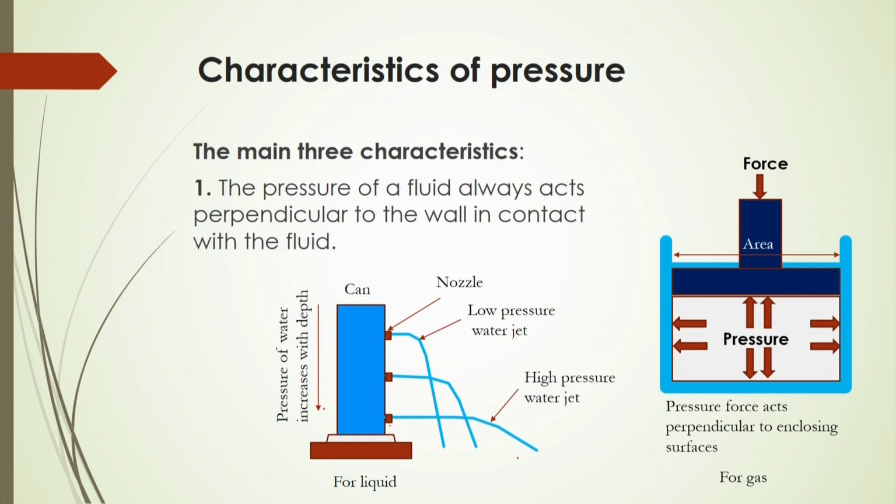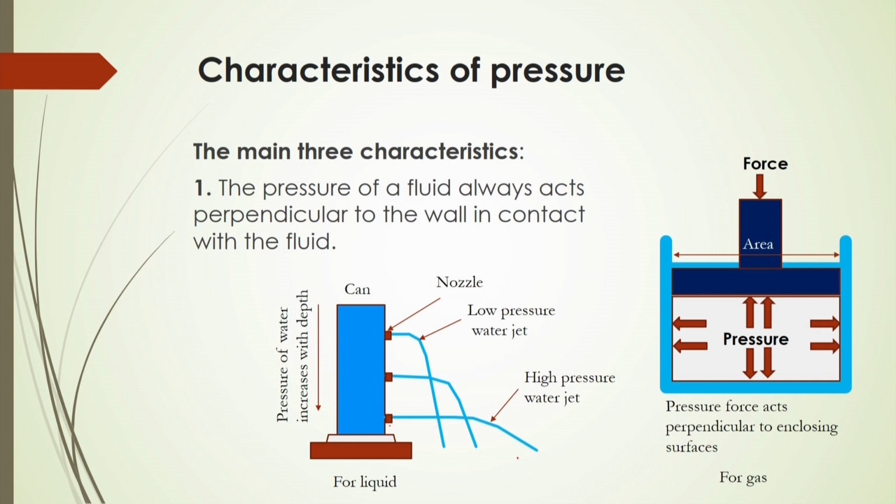Now, pressure of water increases with the depth. So, one of the important characteristics is that the fluid always acts perpendicular to the wall in contact with the fluid, and it relates to the height of the liquid column.